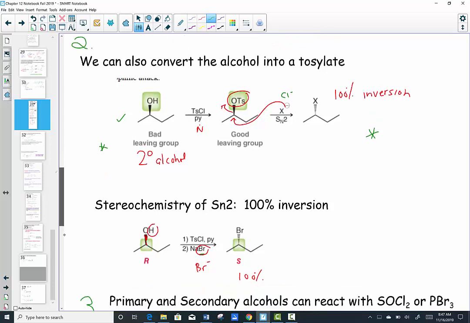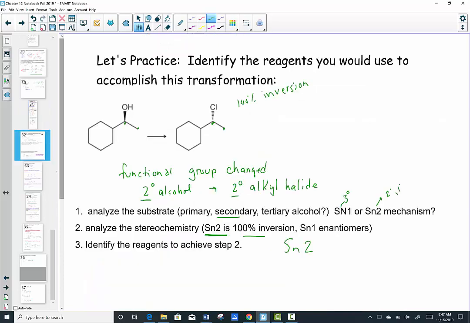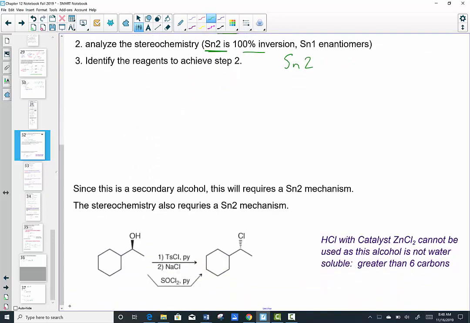Here's another good choice. Keep looking down. To deliver a chlorine, we could also choose the thionyl chloride in a workup of pyridine. So again, as usual, many syntheses actually have multiple correct answers. And it's just becoming more and more familiar with your toolbox. Since this is a secondary alcohol, we know it will require an SN2 mechanism. And the stereochemistry we learned also requires an SN2 mechanism because there's 100% inversion of the chiral center.